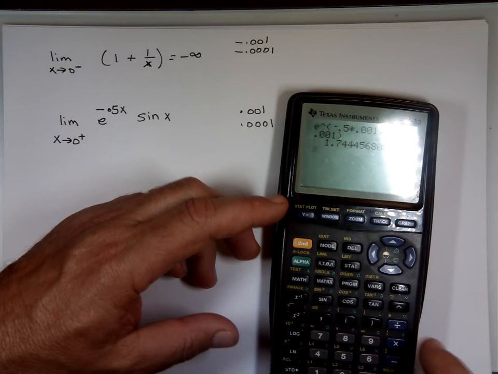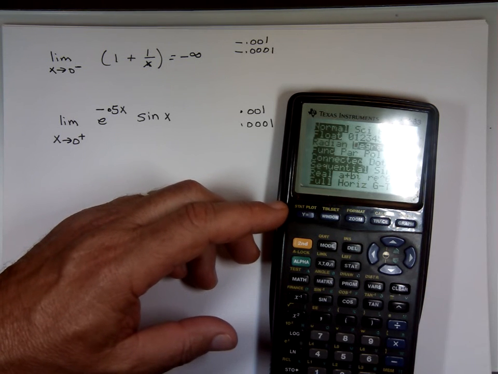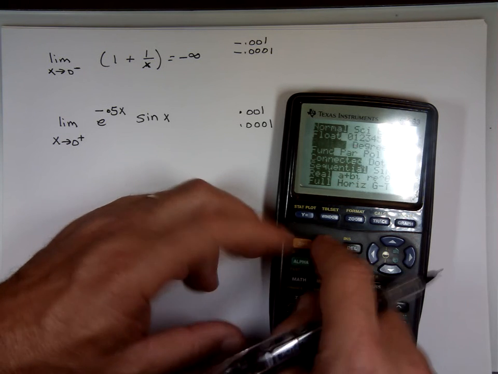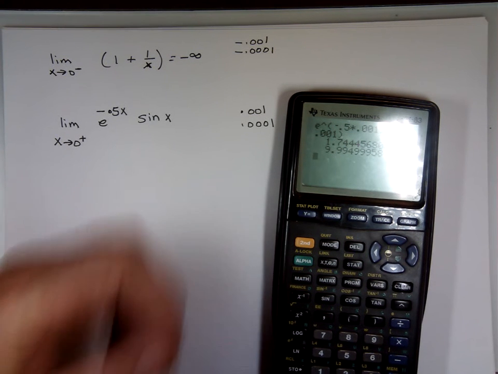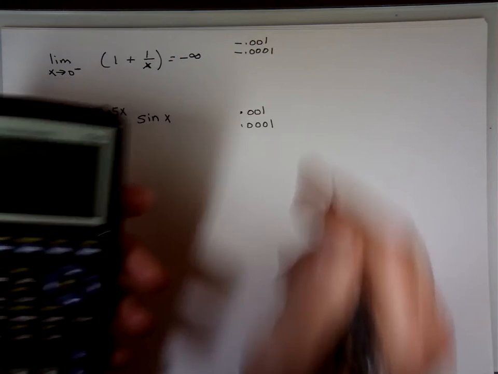Second. Oh, yeah. Let's go to radian. I'll forget tomorrow to switch it back. Look at that number. What do you got? I got 0.0009999, right? Is that what you got?